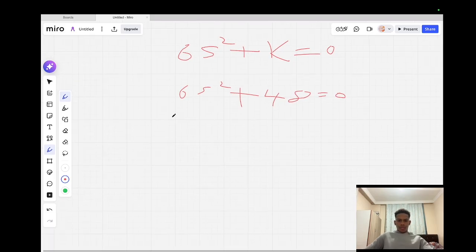So the first root is equal to 2 square root of 2 j, and the second one is equal to minus 2 square root of 2 j.